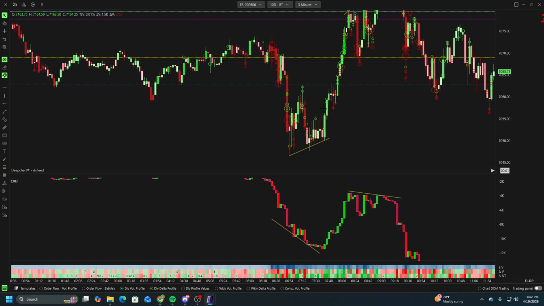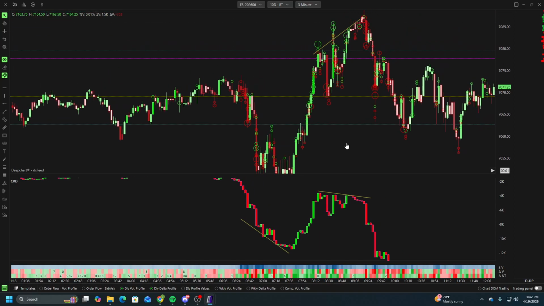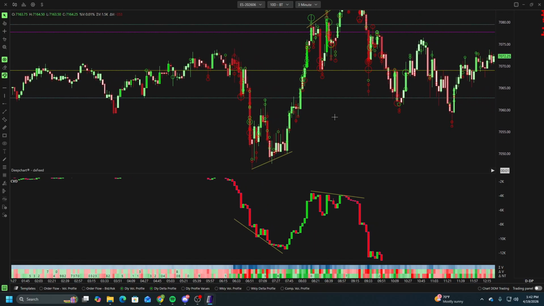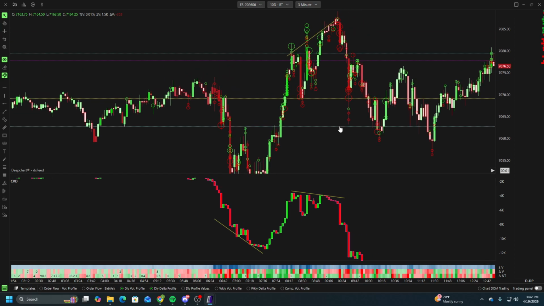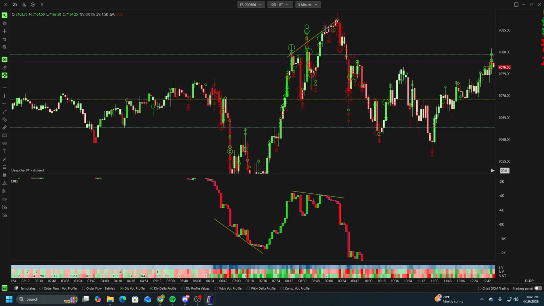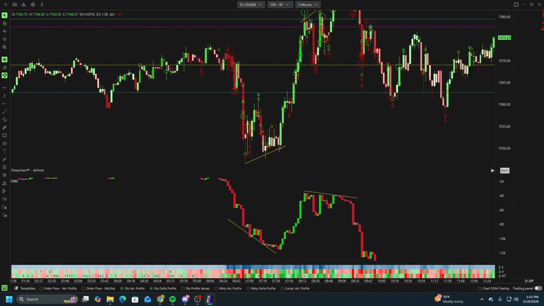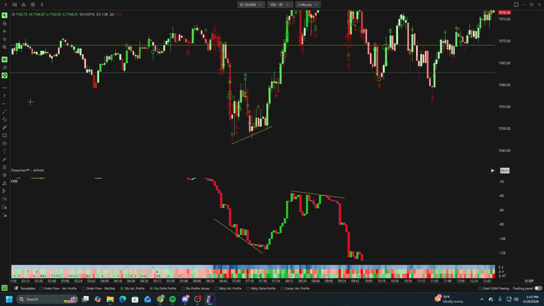Maybe yours does. But that being said, if you don't have a system, the first thing is you need to make a system. Okay, but these are ways that you use CVD divergence to give you a better edge, because at the end of the day, trading is all probabilities. Just because this is happening on the order flow doesn't mean that price can't just go down like that.